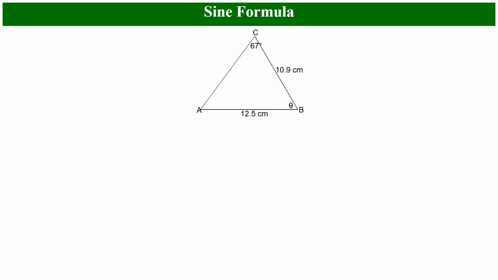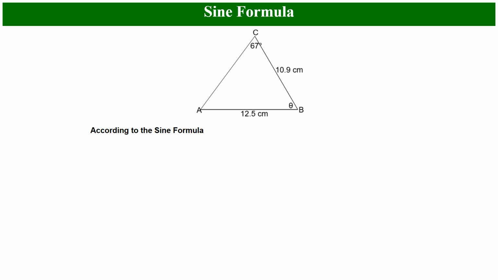Again, we notice that theta is opposite, well, in this case, an unknown length, the length AC. So to find the value of theta, what we can do is to find the angle A, which is opposite a length we know, 10.9.